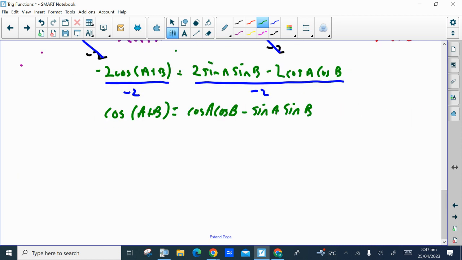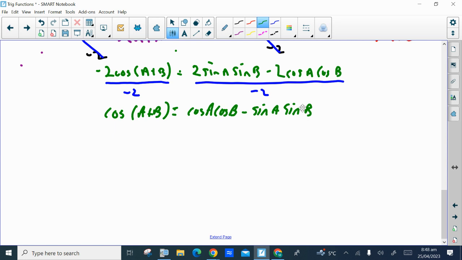That's the sum identity for cosine. You might remember that the difference identities were derived by changing b to negative b. So if you change b to negative b, this will be cos of A minus b. You change this b to negative b and this b to negative b. What's going to happen is that the cosine of negative b, remember, because I put you in the fourth quadrant, is the positive cosine of b. So that doesn't actually change the first term.